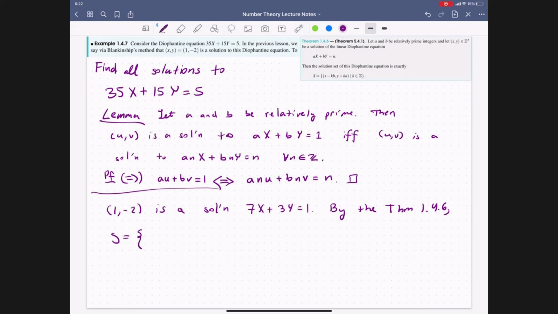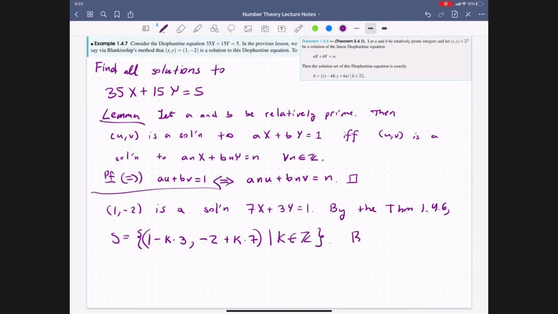So here 1 is x, so we have 1 - kb, where b here is 3, comma y, which in this case is -2, plus ka, which in this case is 7, where k is an integer.